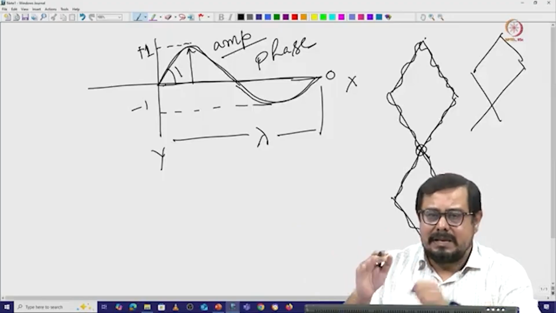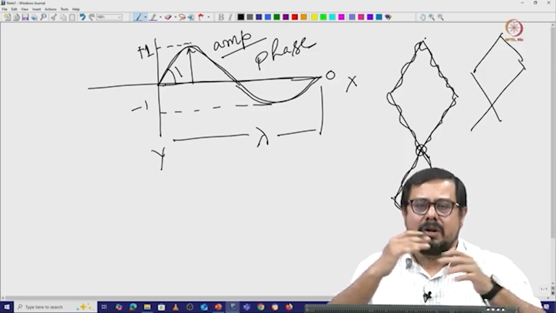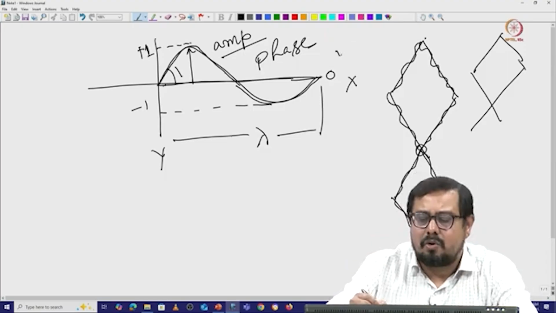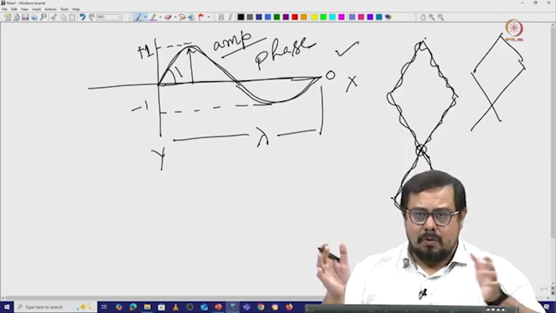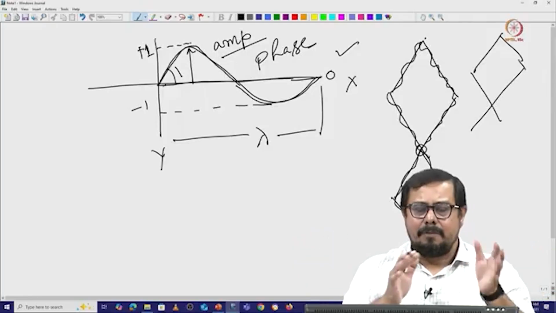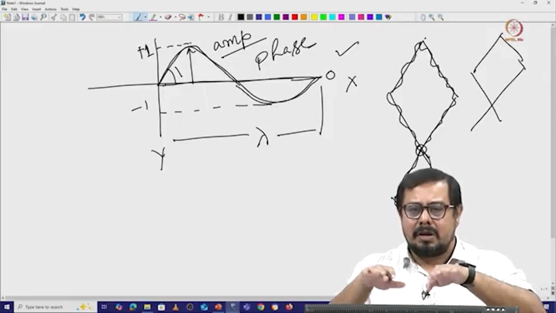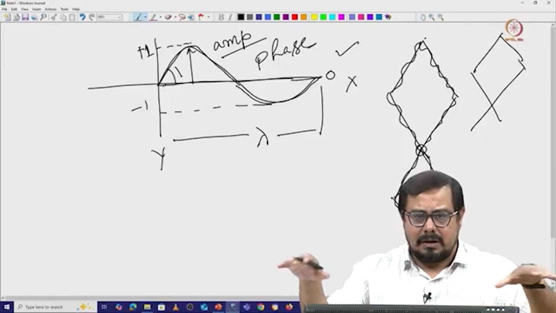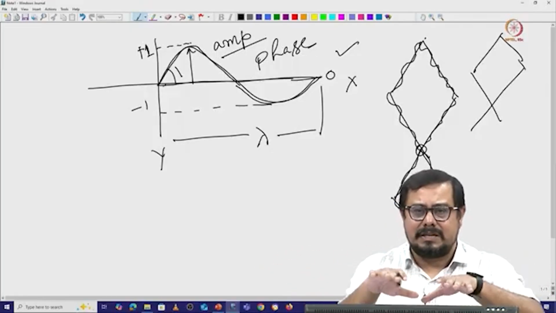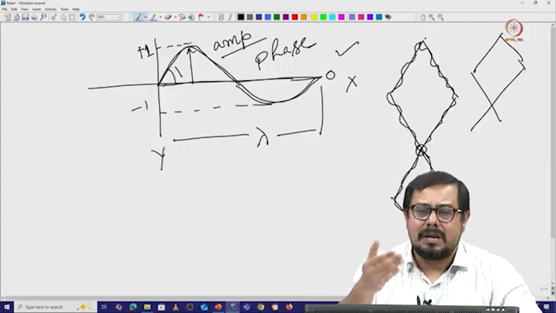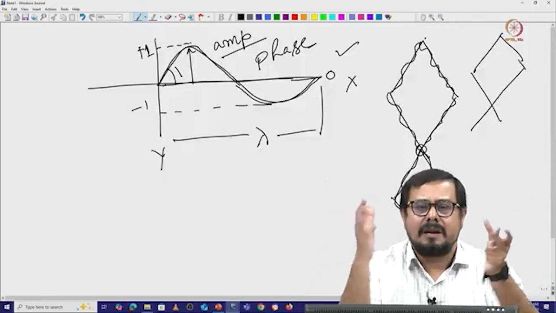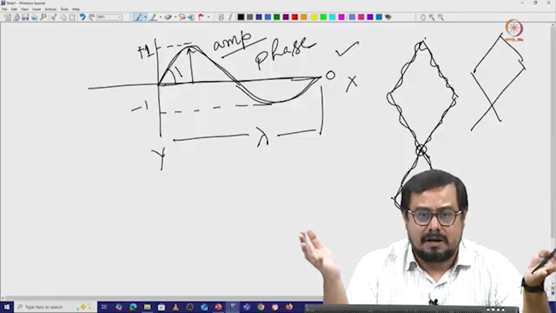Here we are only talking about one particular wave. When multiple waves are coming together, we have to consider how they are interacting with each other. Based on that, we talk about constructive interference or destructive interference.